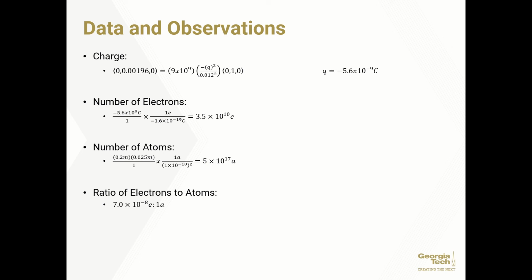Using the principles of surface area, we were able to calculate the number of atoms on that piece of tape, which resulted in 5 times 10 to the 17th atoms. With these two values, we're able to create a ratio, which is 7 times 10 to the negative 8 electrons per atom.